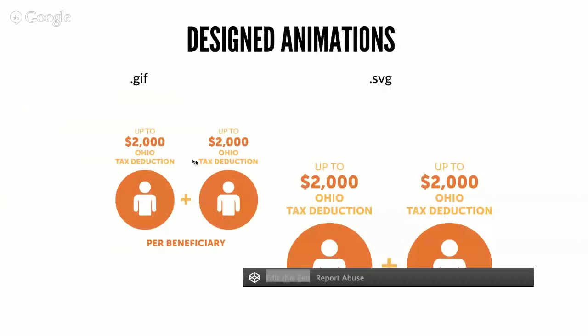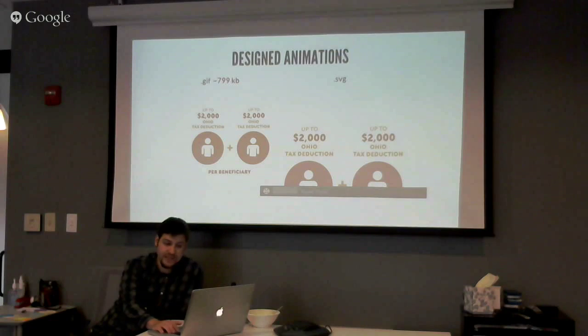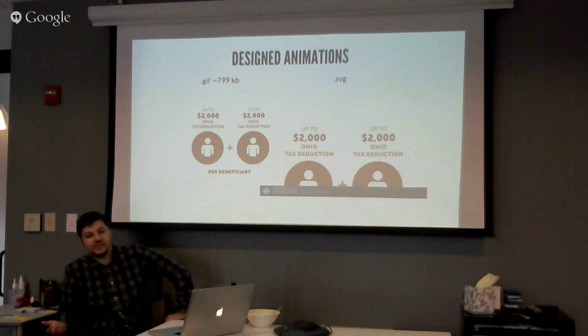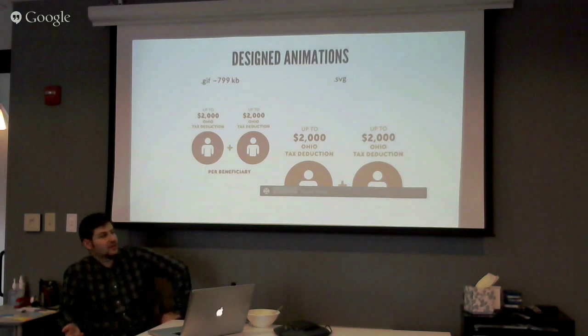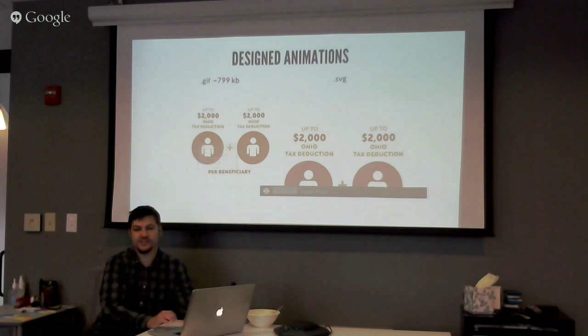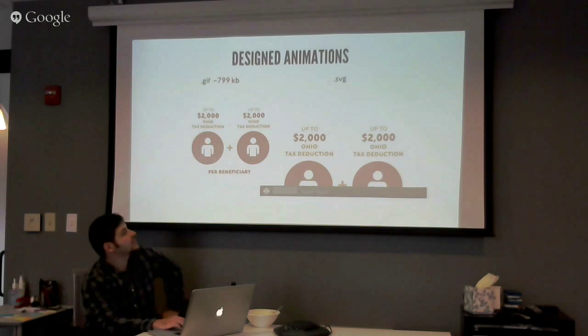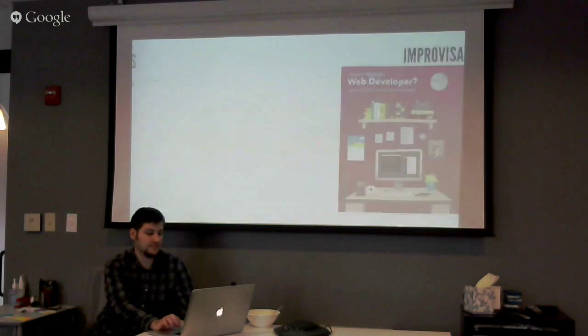And here, the GIF is 799 kilobytes, and the SVG is 12. Because the GIF is designed so that if I open this image in a new tab, it's huge because they want it to display nicely for Retina displays and mobile. But it kind of defeats the whole purpose when your mobile visitor is using up their monthly quota and bandwidth to download that graphic. So, yeah.